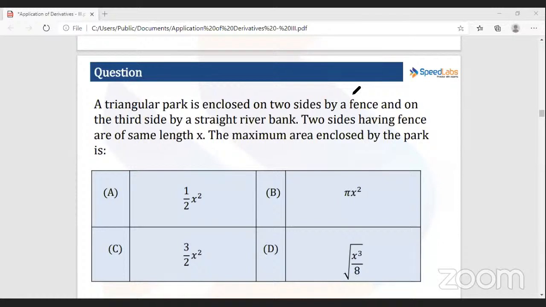So should we discuss the solution now, or you want 1 more minute? Okay, so let's discuss the solution.